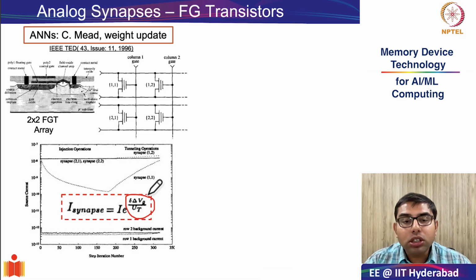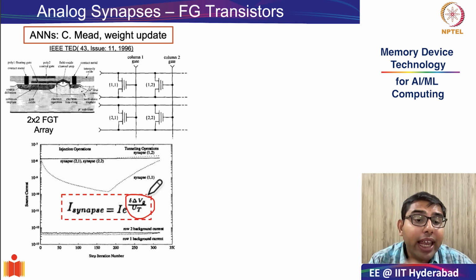This happens because charge trapping and detrapping processes in a floating gate transistor are inherently exponential physical processes. More importantly, Carver Mead's work also shows low cross-interference between adjacent synapses, meaning individual weights could be tuned precisely without disturbing the neighboring ones, which is a very crucial thing for large-scale analog arrays.